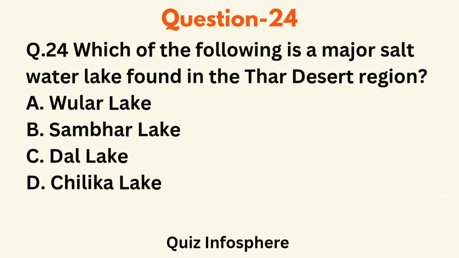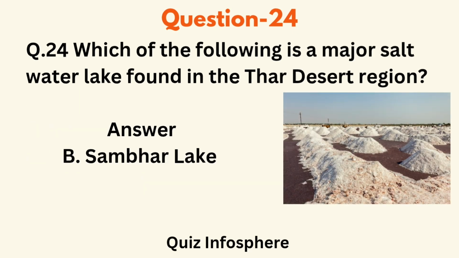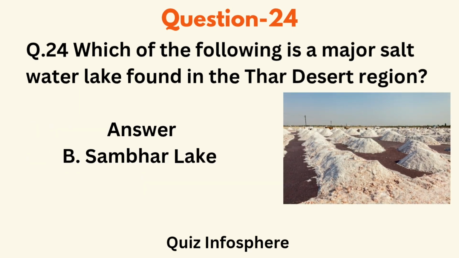Question 24. Which of the following is a major salt water lake found in the Thar desert region? Buller Lake, Sambar Lake, Dal Lake, Chilika Lake. The correct answer is option B, Sambar Lake.